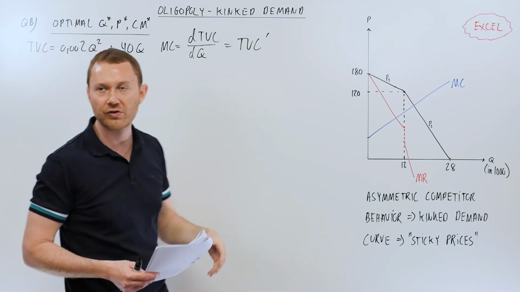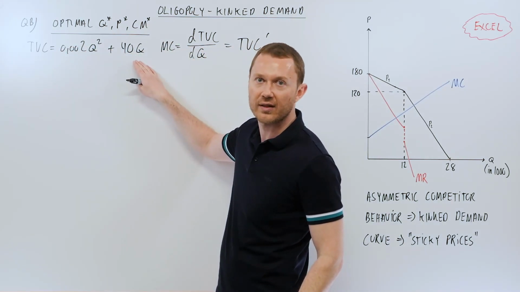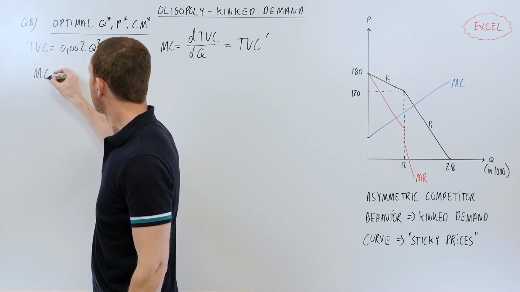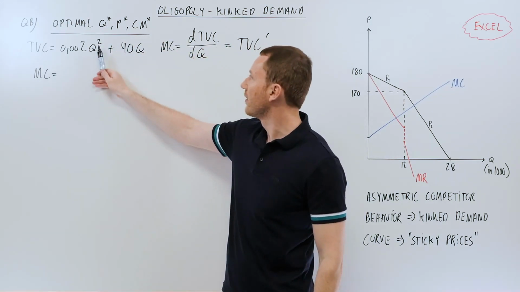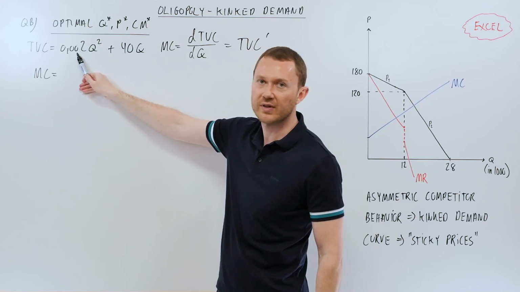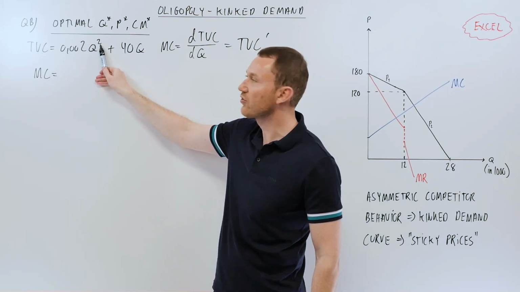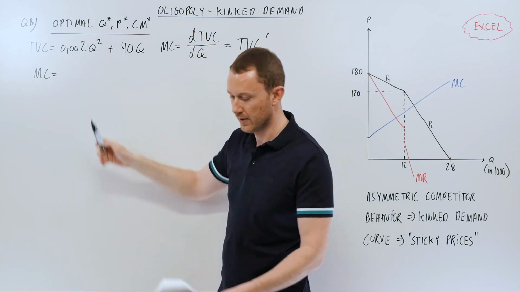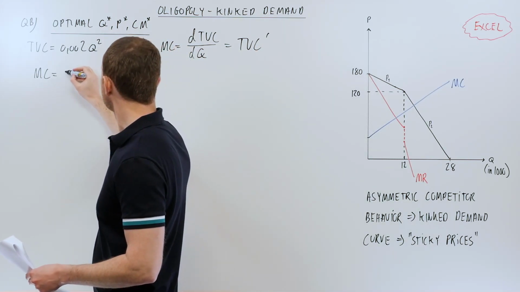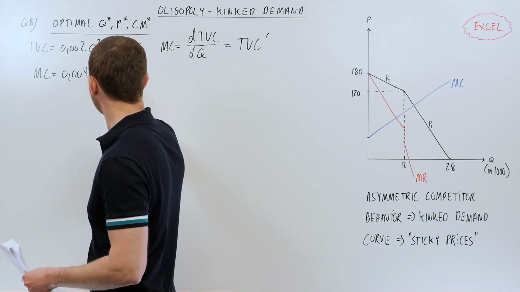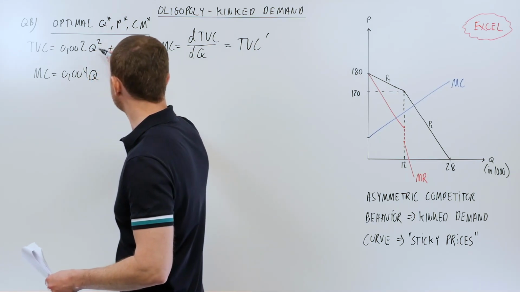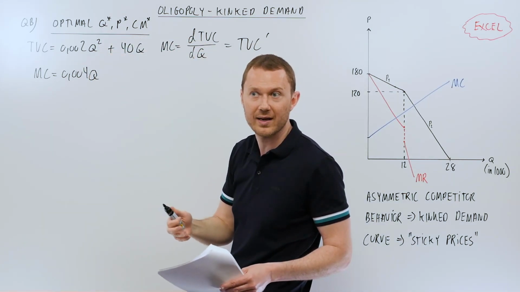So what we're going to do right now is to differentiate this function. Marginal cost, this function differentiated: the 2 comes down. So it says 2 times 0.002, and we subtract 1 from the power. That gives us 0.004q, and if I subtract 1, the power just becomes 1, which we don't write.